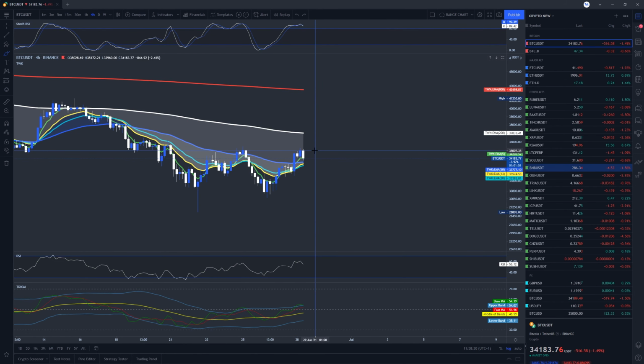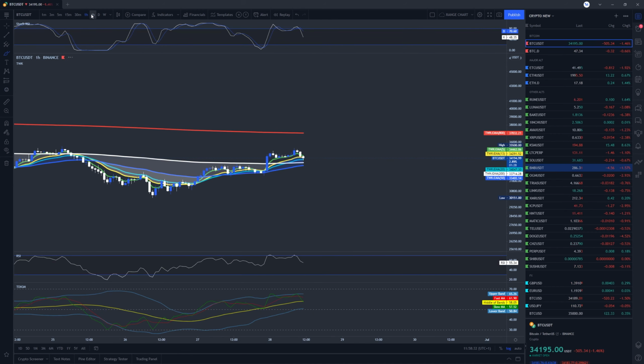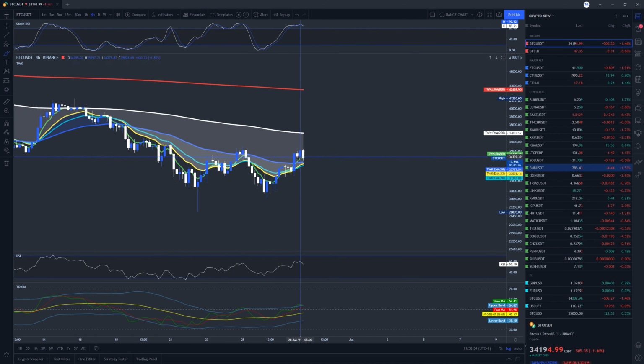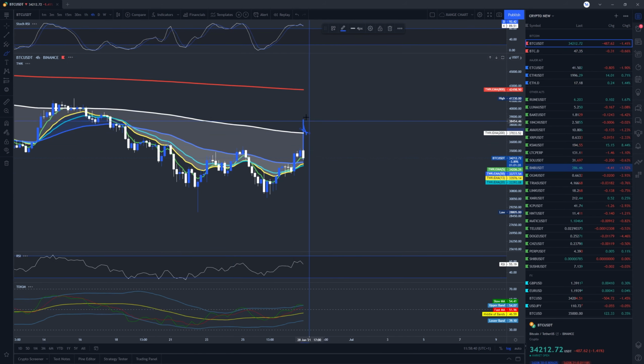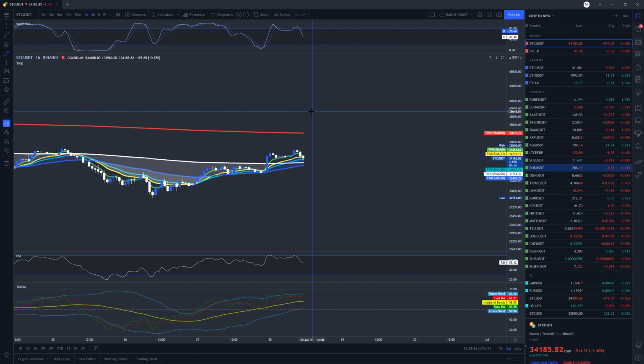It's not correlated to the 1 day. So I use this to say, hey, if we were to push up from the 1 hour and cross the 200, that's us crossing the 200 on the 4 hour. So that's the reason I have the 800, just in case everyone was wondering.